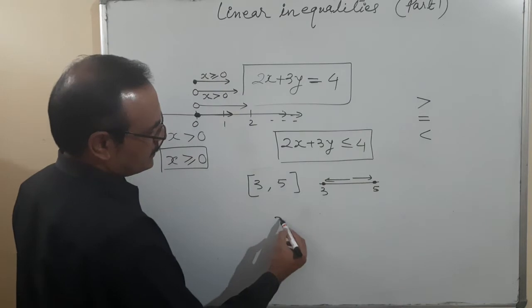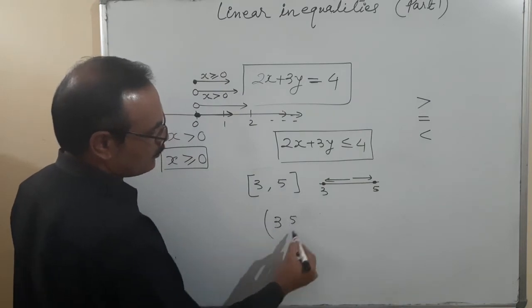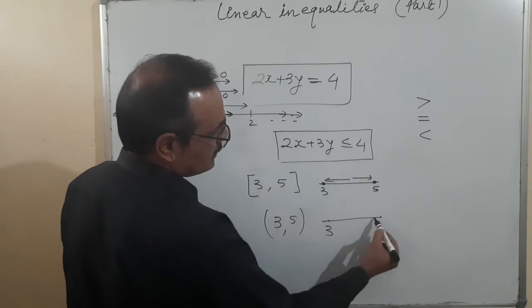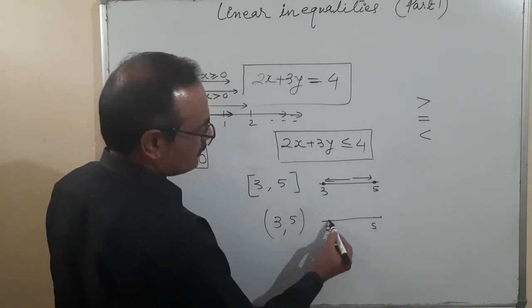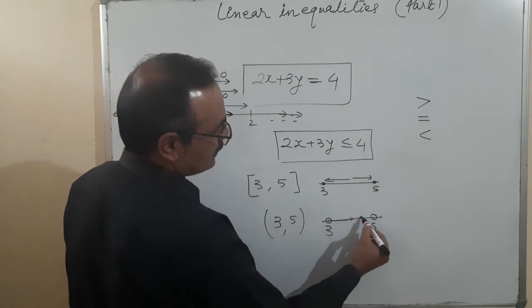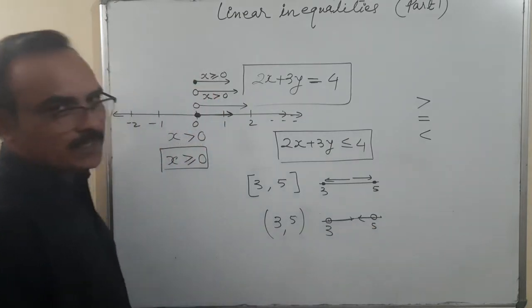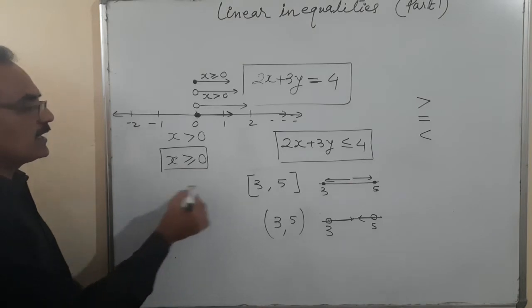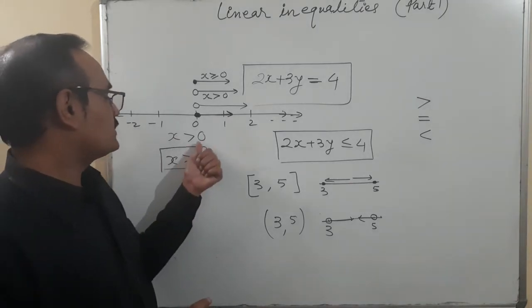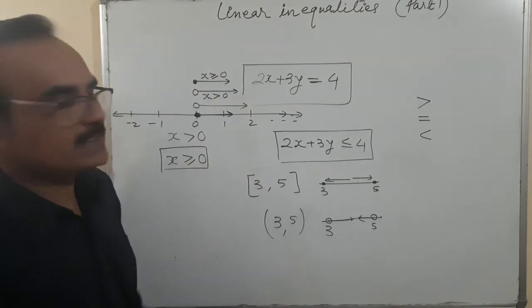But if you want to write 3, 5 as an open interval, how to write it? This is 3, this is 5, like this. That means 3 and 5 are not included. These are open intervals. They are not included in the set.